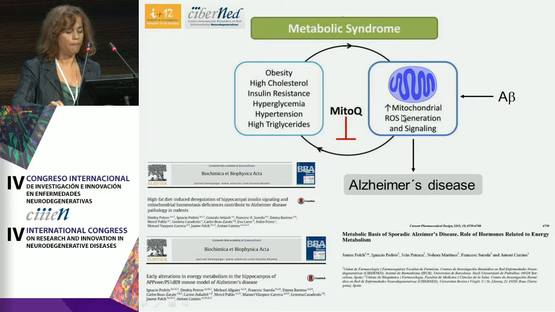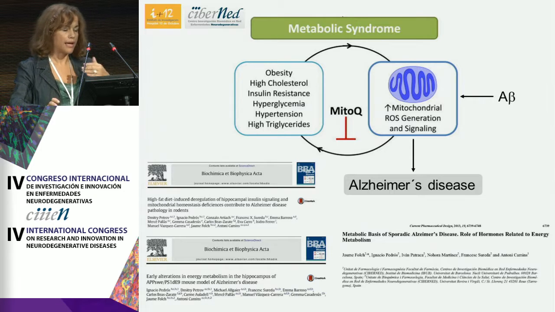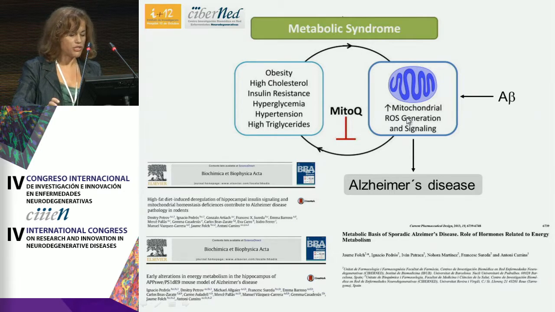This mitochondrial dysfunction can be induced by accumulation of beta amyloid within these organelles, acting as a direct toxin and beginning a cascade of alterations, including dysregulation of mitochondrial calcium homeostasis and leading to neurodegeneration and even the death of the cell.